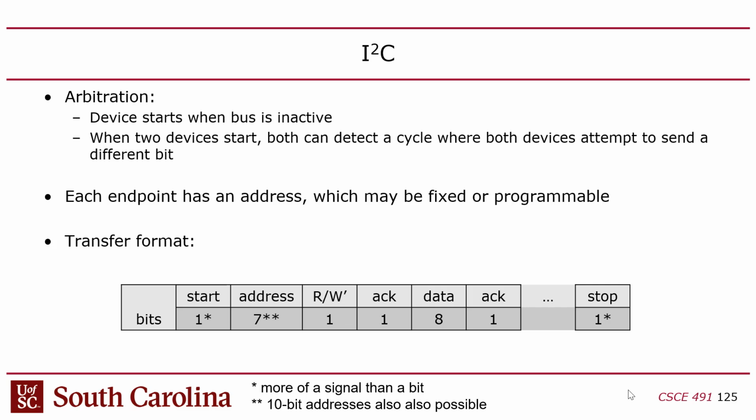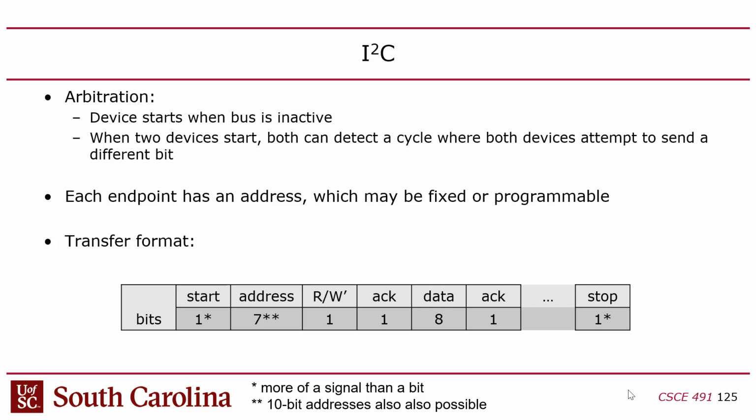Okay, so this part looks kind of like SPI, right? Remember SPI had a header byte that contained the address and the read-write flag. But then this is where things get different. There's also an acknowledgement bit. This is something SPI and UART don't have. This one is going to be coming back from the other side of the connection.